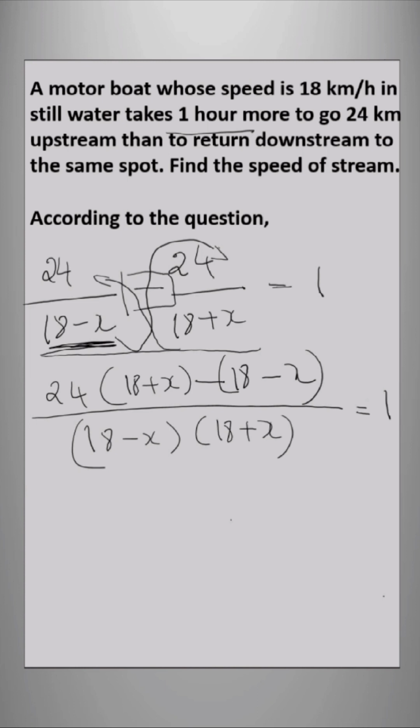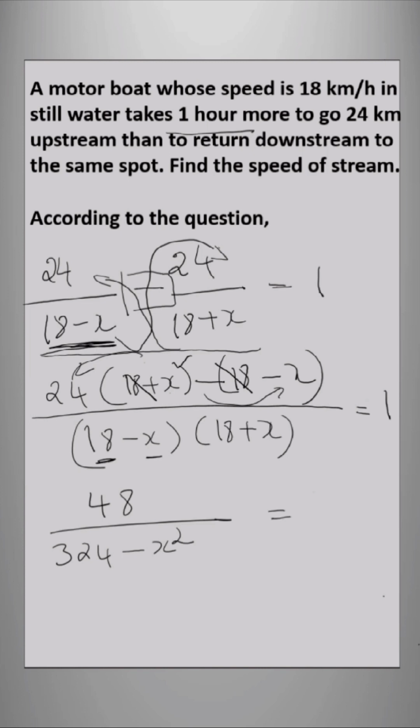Now observe. After the removal of the bracket, what happens? 18 plus 18 and minus 18 get cancelled. This x becomes plus x. x plus x becomes 2x. 2x into 24, what is it? 48 by 18 square minus x square, by using the formula a plus b into a minus b. 18 square is 324 minus x square is equal to 1.